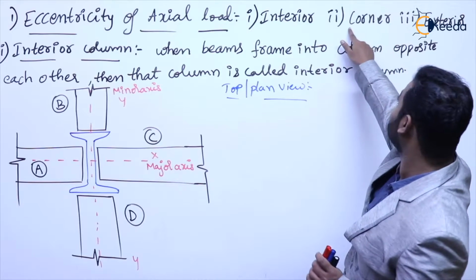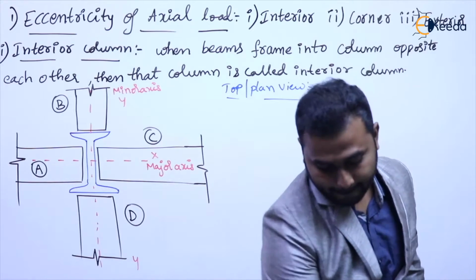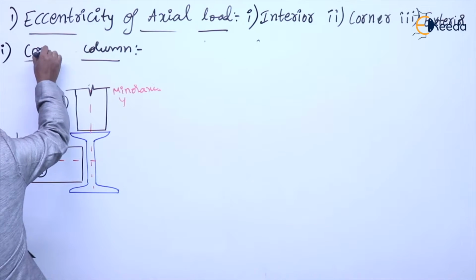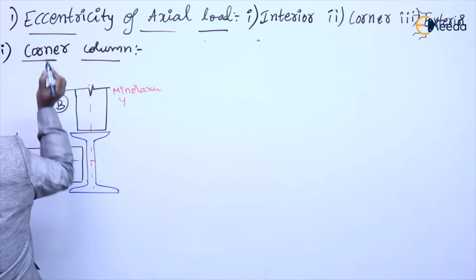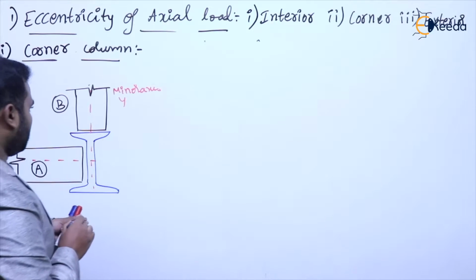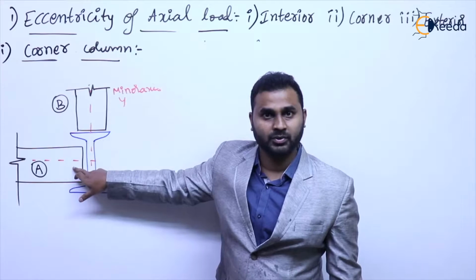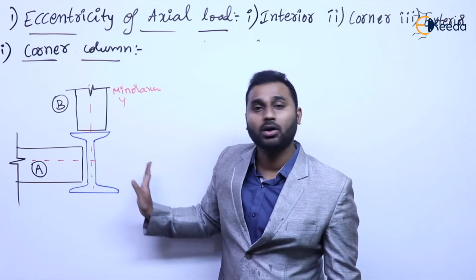Now let us see the second one, the corner column. This is how the beams will frame into the corner column.